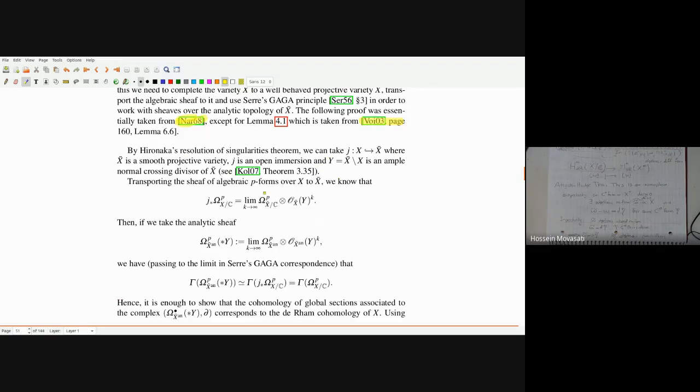One step of the proof is this big theorem of Hironaka, the resolution of singularities. This is a theorem that a lot of people use, but they never go to see how the proof works. So for all algebraic varieties, since they are algebraic, we can compactify and make it a projective variety. But usually the process of projectivization will produce a singular variety.